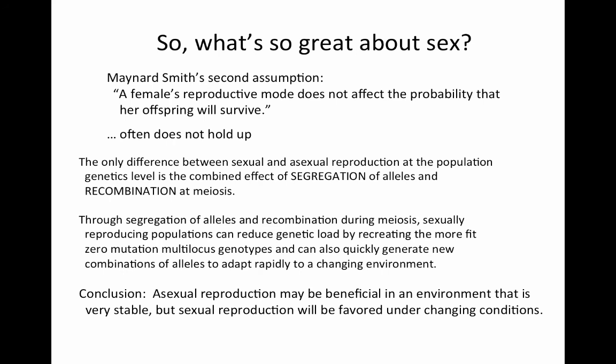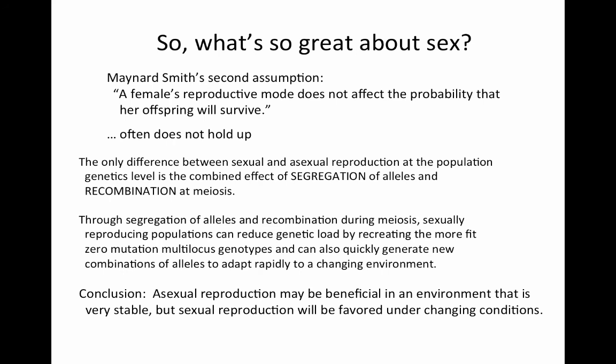And so in conclusion, there could be situations where asexual reproduction might be beneficial, and that would be in an environment that is fairly stable, so that once you have a multilocus genotype in linkage disequilibrium, so those beneficial alleles are not going to be separated from each other. If your environment isn't changing, you want to stick with that combination of alleles, right? So asexually reproducing is the way to go because you're going to exactly replicate that highly successful combination of alleles in your genotype.